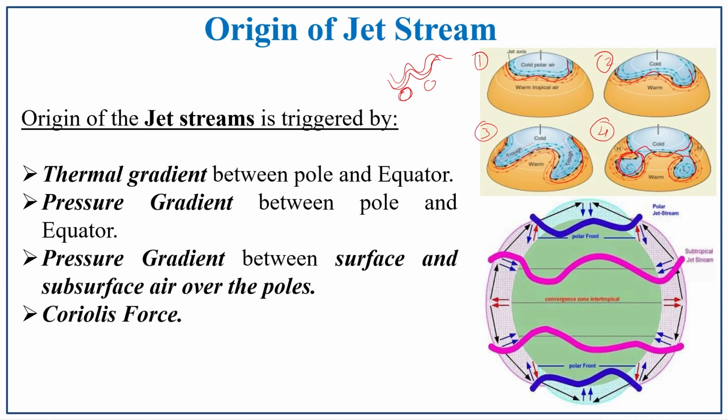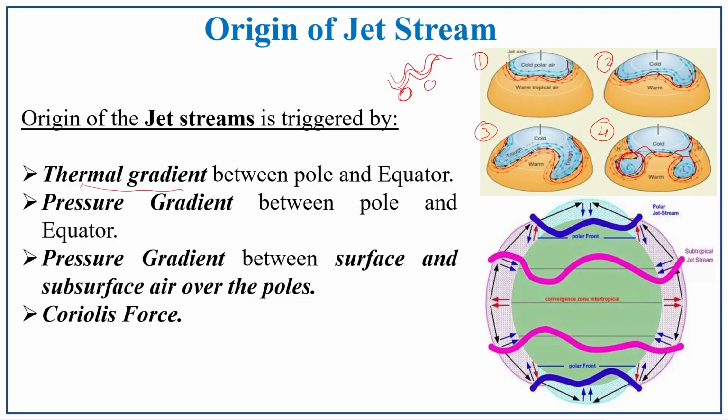How did it originate? It originated because of the thermal gradient, that is, there is a difference in heat from the equator towards the pole. Because of this difference it influences the jet stream. And the pressure gradient also plays an important role between the pole and equator. So, pressure and temperature are vibrant forces which initiate these jet streams.